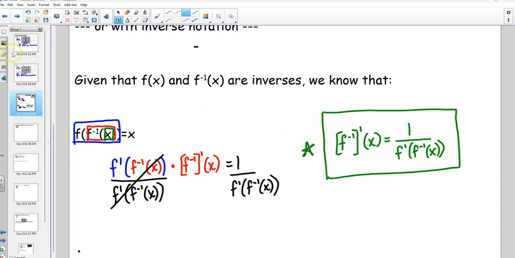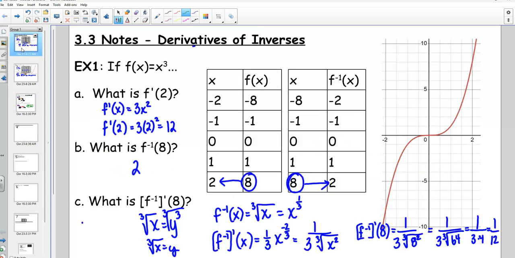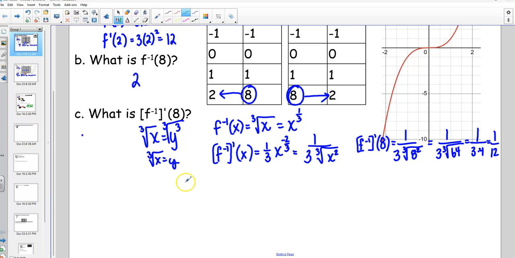So if I go back to that first problem, if I use this rule for this first problem, if I want to know the derivative of the inverse at 8, I will get 1 over f prime of f inverse of 8.